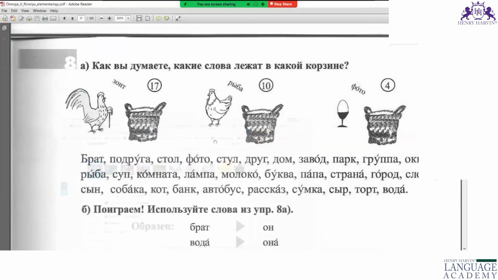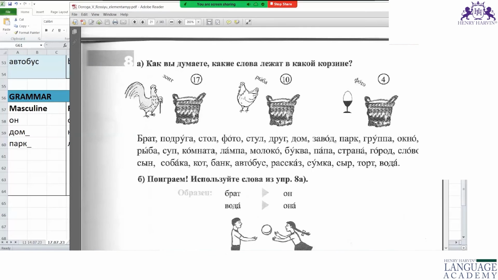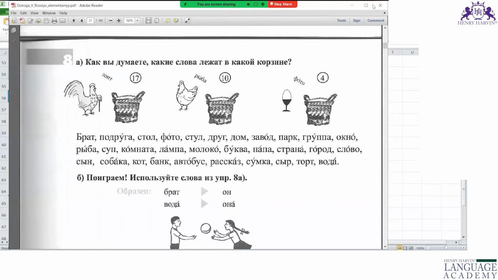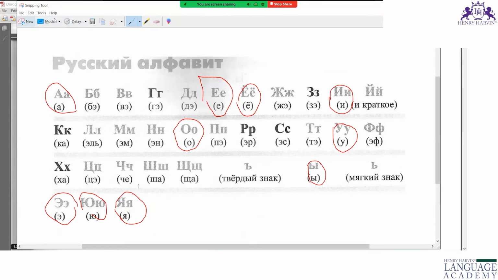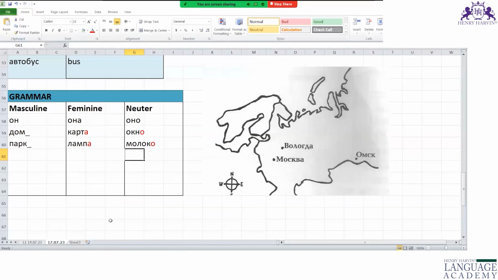So that is not difficult, right? So now we need to select here the words which are masculine, feminine, and neuter, and also put them in the correct basket. Okay. So what we will do, I will give you some time. So let me paste this picture with the vowels in our lesson here.